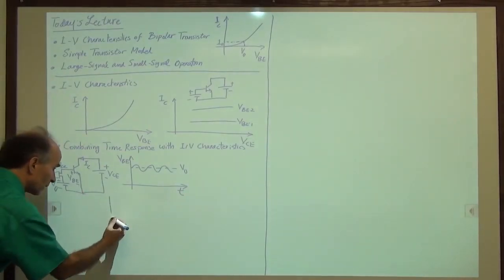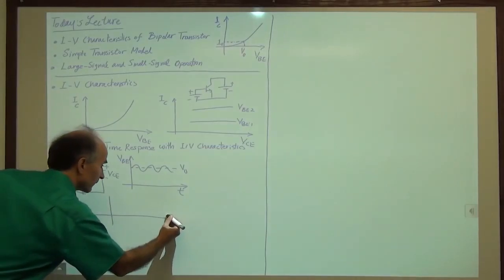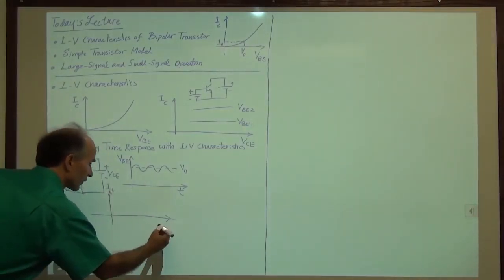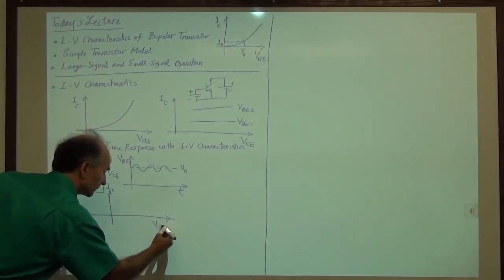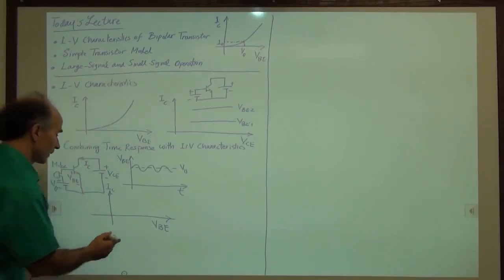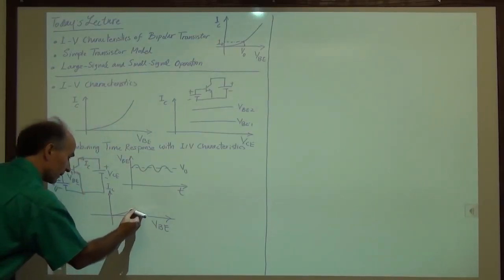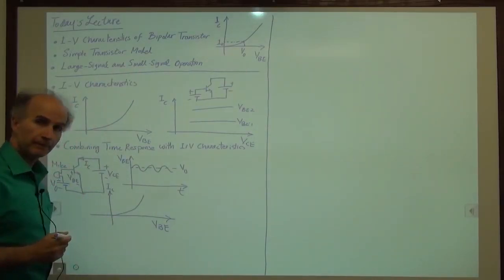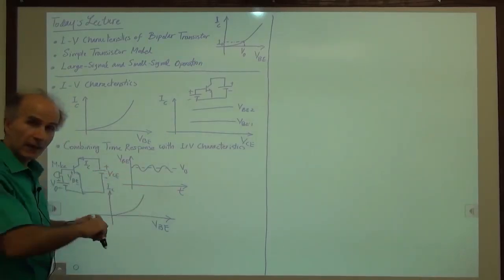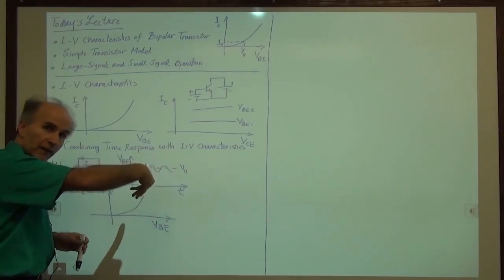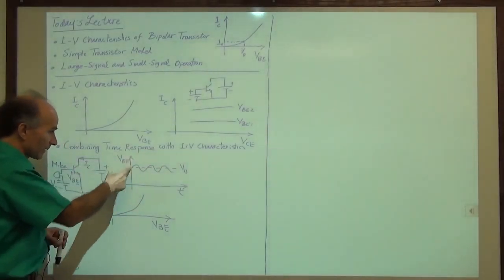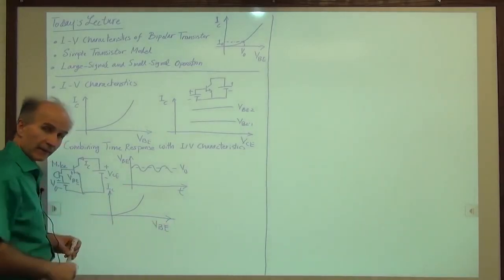We draw IC as a function of VBE. So that's just our good old exponential. So here's our exponential. Now we take this plot of VBE as a function of t and rotate it clockwise by 90 degrees so that this VBE axis is aligned with this VBE axis.